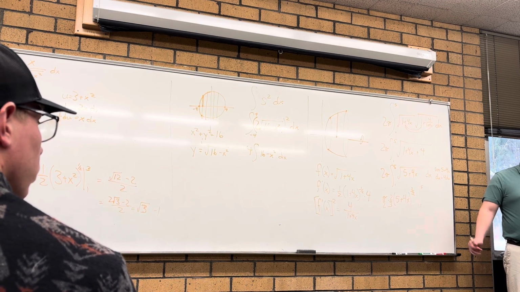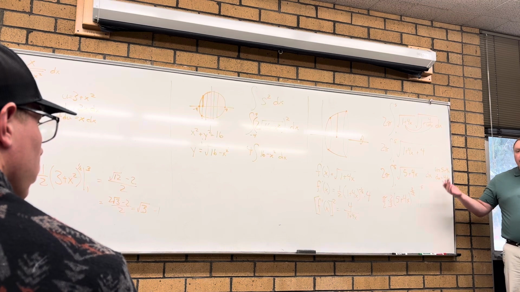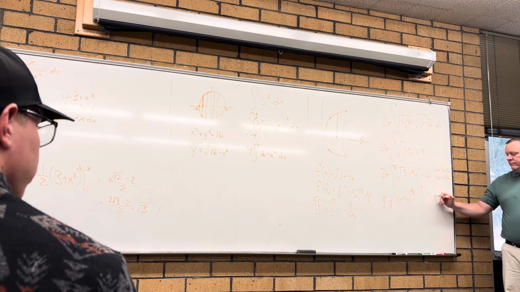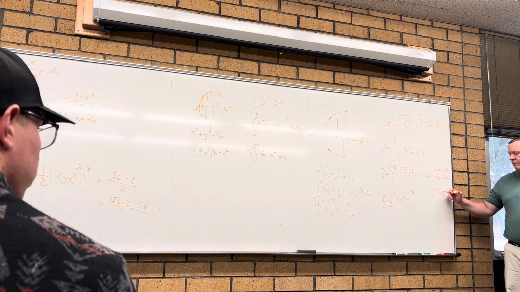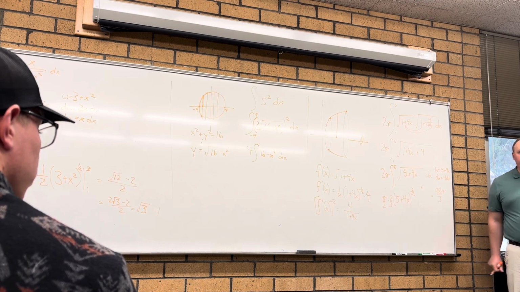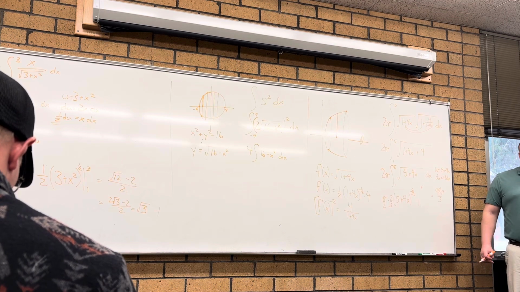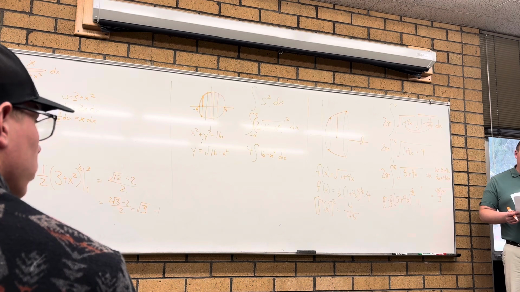And so I end up with 98 pi over 3. And then that was 102.63 rounded to the nearest hundredth. But anyway, there's that.